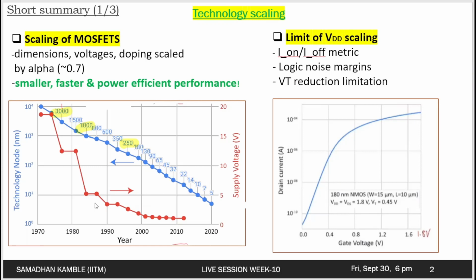There is also a limit of VDD scaling. The supply voltage scaling is one of the limitations of classical scaling, and it comes from physical principles that we can analyze. As I said, we reduce the lateral and vertical dimensions by a factor of alpha and also increase the doping concentration, but reducing the supply voltage, which is another property, is one of the problems.